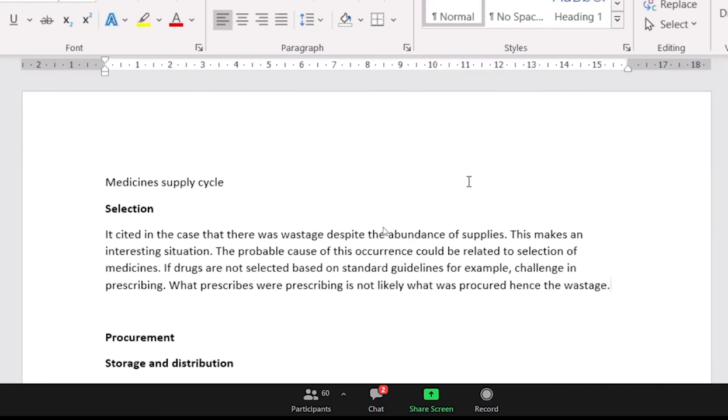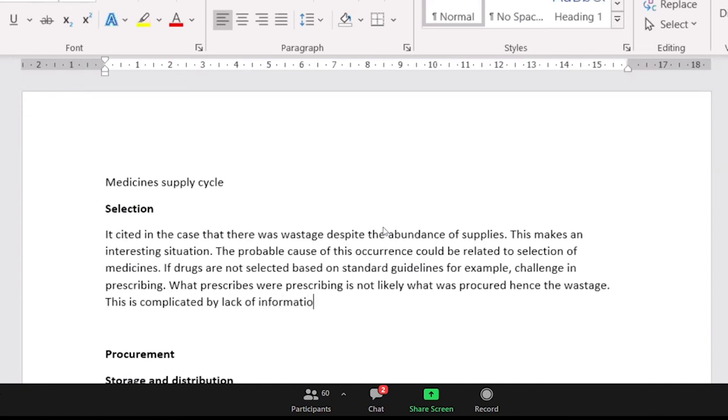All right. Now, look, these are ideas that you are formulating. You are discussing a problem. So what prescribers were prescribing is not likely what was procured, hence the wastage. You can even go further and say this is complicated by lack of information flow.